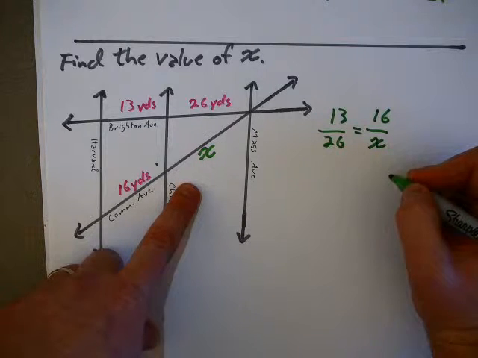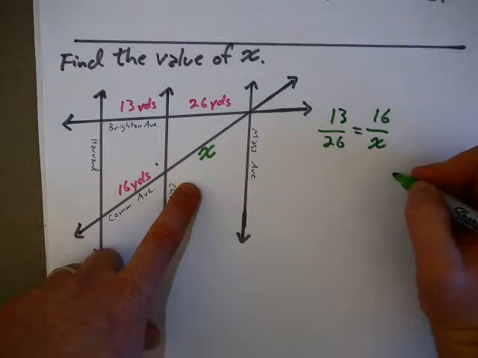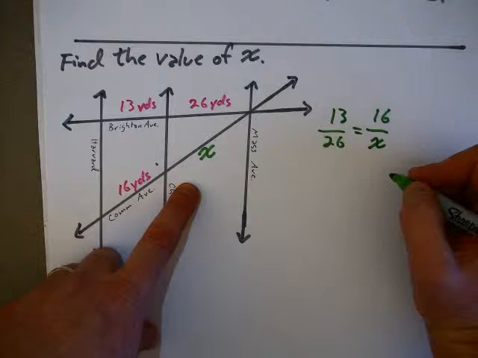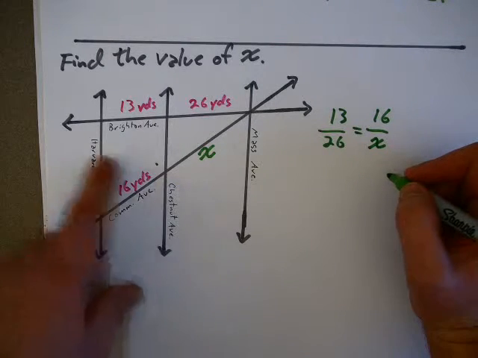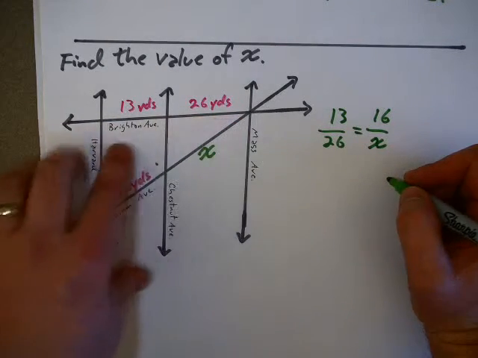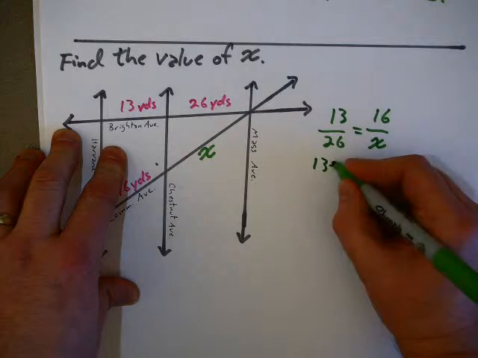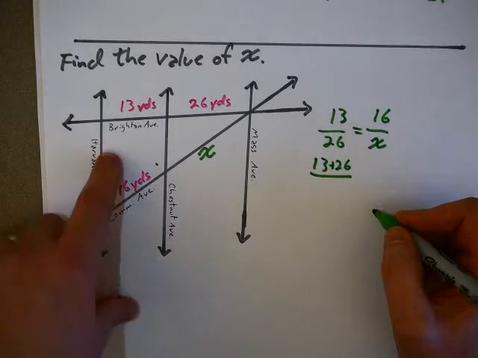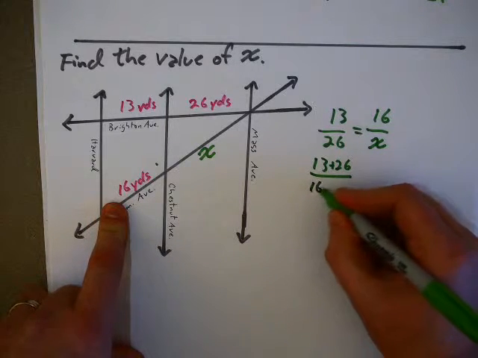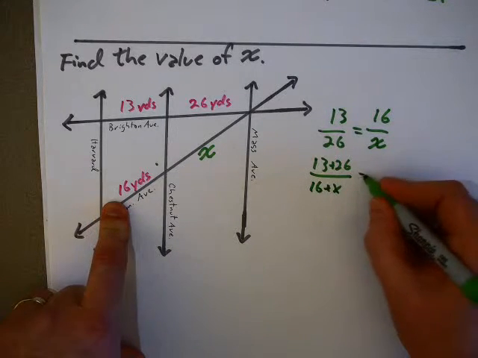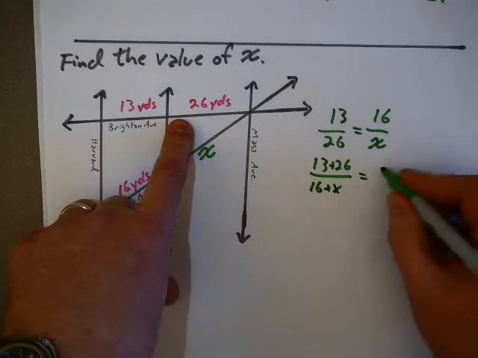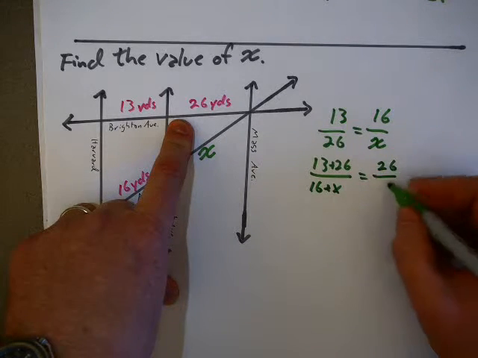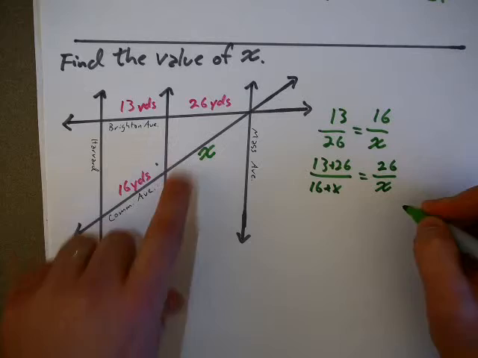That's one way we could figure that out. We could also say that the entire thing, so 13 plus 26 over 16 plus x, could equal 26 over x.